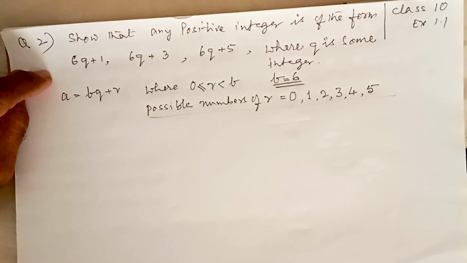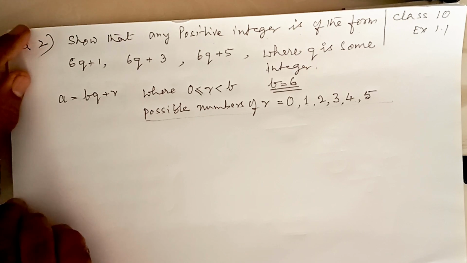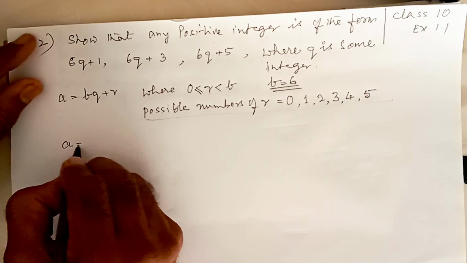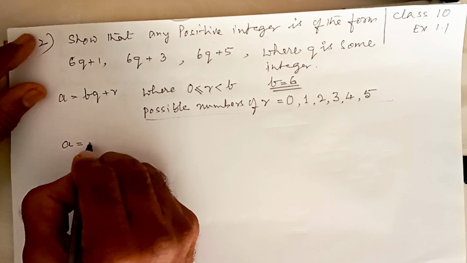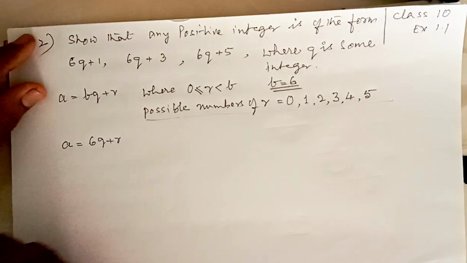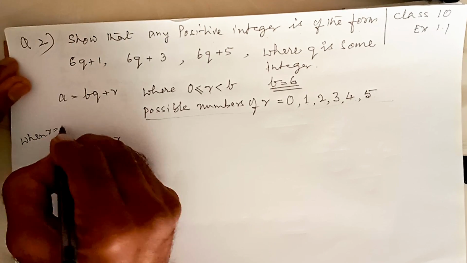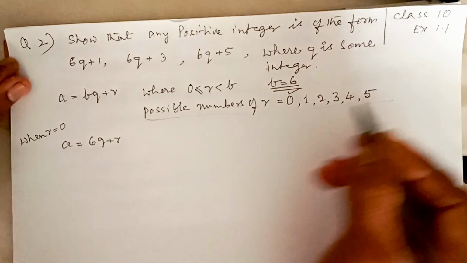Now, apply one by one and find out which is an odd number. Example, a is equal to 6q plus r. So we take when r is equal to 0. We will take the first case.